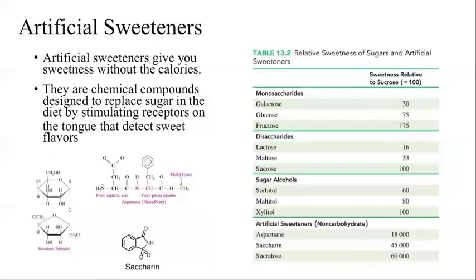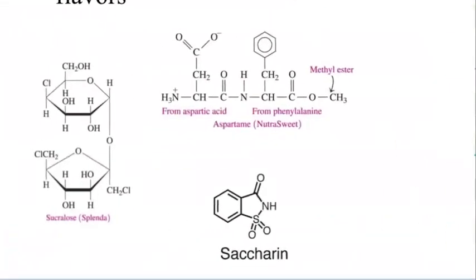Now, this is the thing. Let's look at them structurally, because this is chemistry. These are among the 3 that we mostly see in the United States, starting with the one on the left, which is Splenda, which sometimes you don't even see.